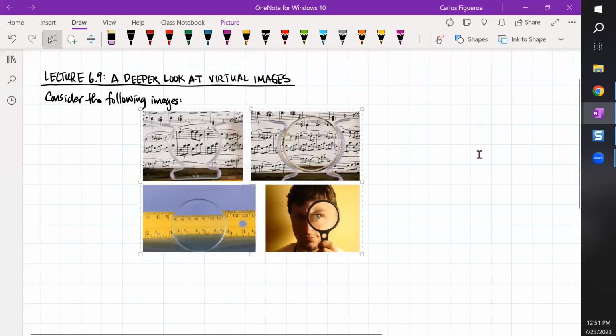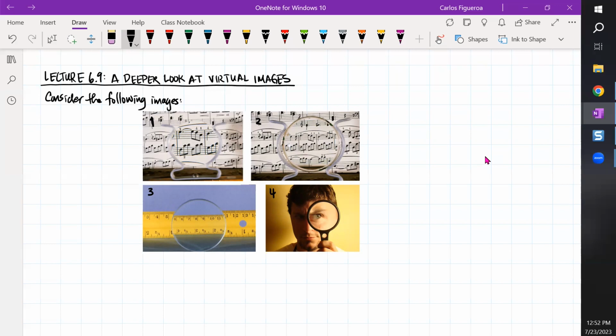What you're seeing here is that there are 4 images: one, two, 3, and 4. All of these are virtual images.